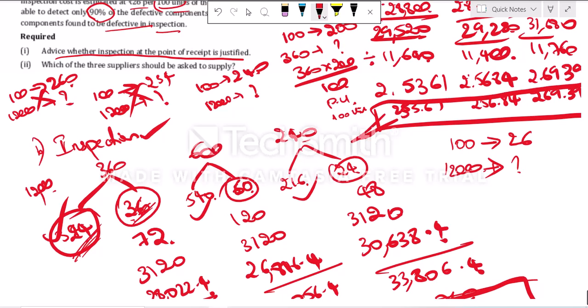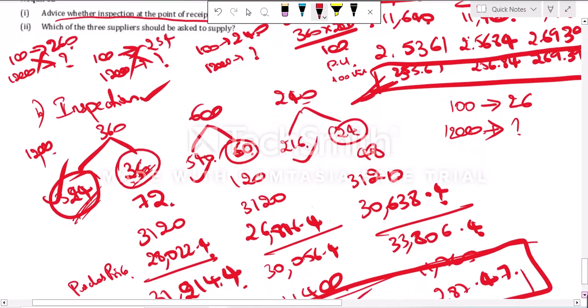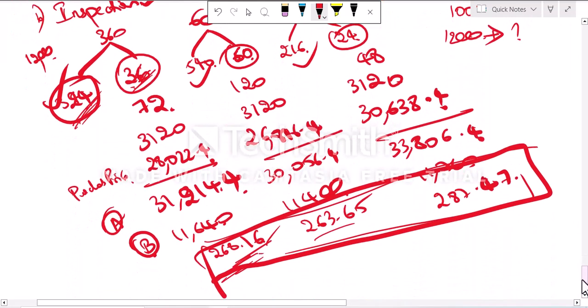So the first supplier, DE Limited, is cheaper if we do not inspect. But if we inspect, 263 is cheaper, meaning PE Limited is cheaper. So we can choose PE Limited if we opt for inspection.